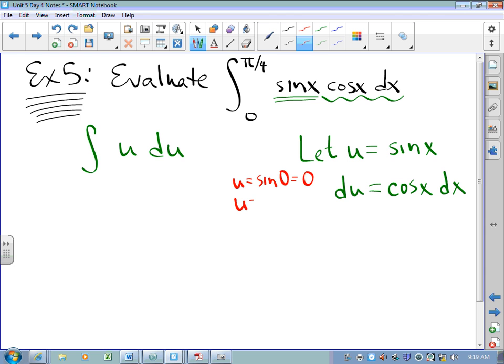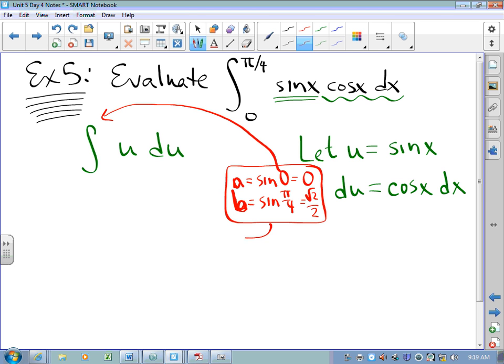And when x is pi over 4, what is the sine of pi over 4? That's radical 2 over 2. Those are your limits. We're going to integrate from 0 to radical 2 over 2. Complete change of variable. All the x's out, all the u's in.